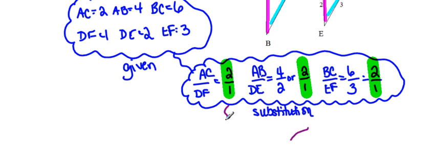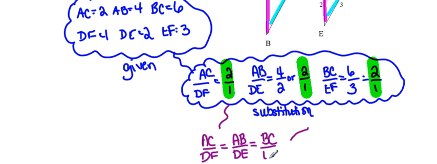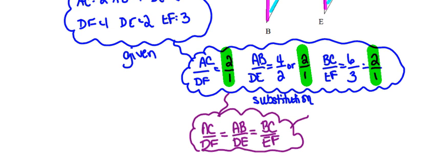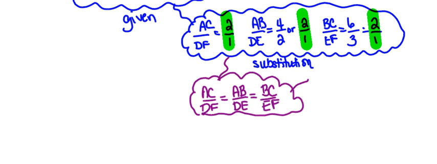I'm going to say that the ratio between AC and DF is exactly the same as the ratio between side AB and side DE, which is exactly the same as the ratio between side BE and side EF. And that's because anytime I have ratios that are the same, my corresponding sides are in proportion.